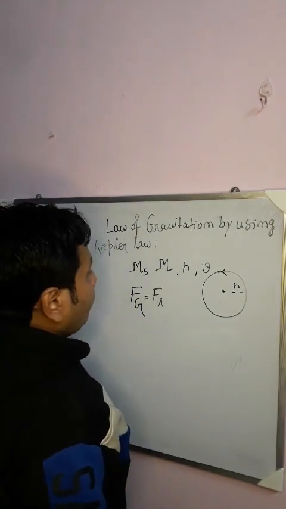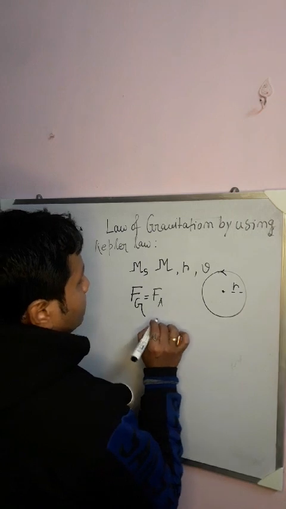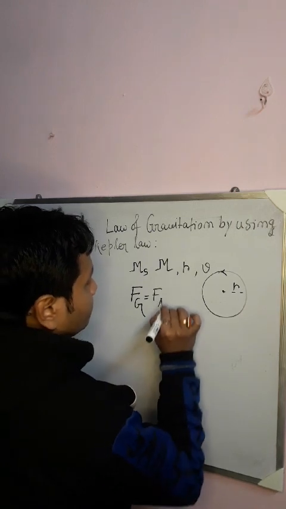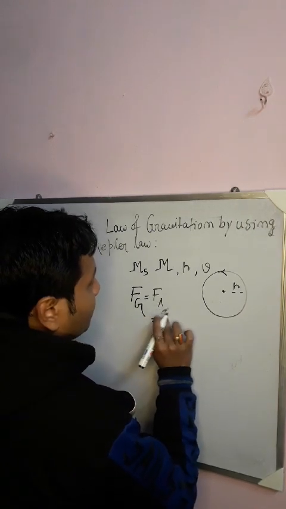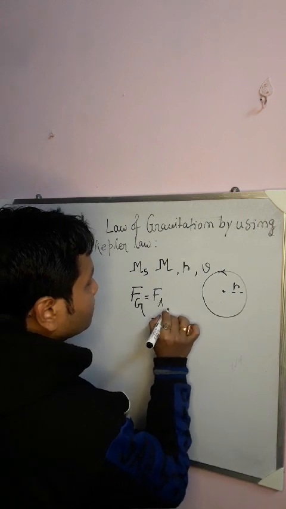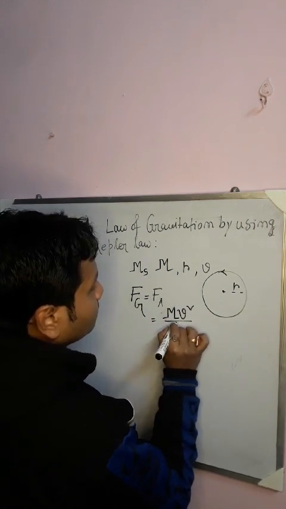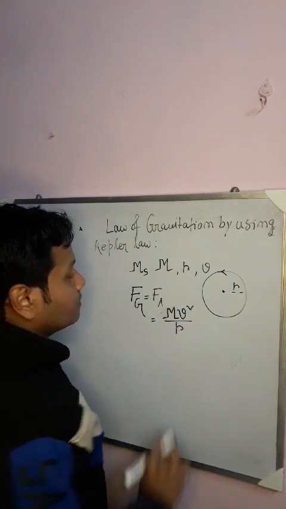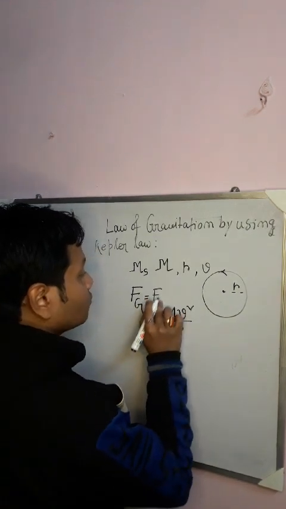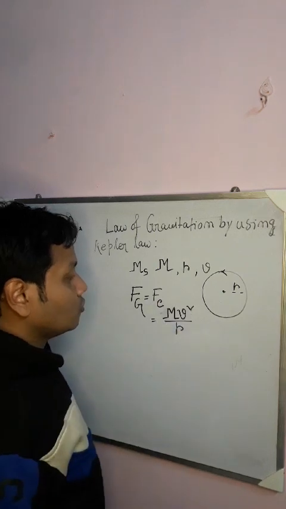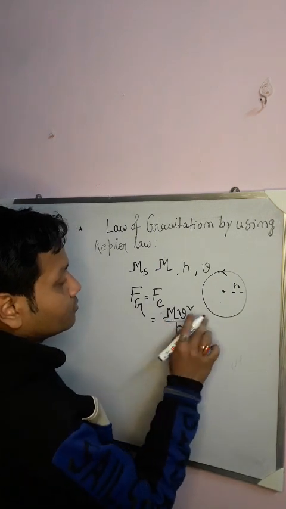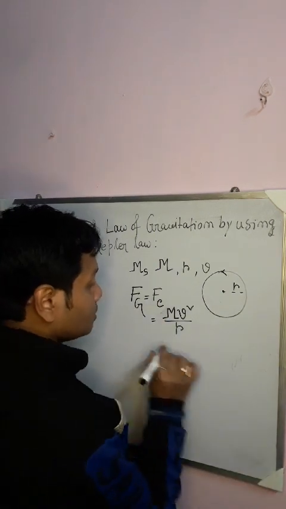We can clearly write this is mv square by r, that means mass of earth, this is v, this is the necessary centrifugal force, you can give it Fc, because the expression of centrifugal force is mv square by r.